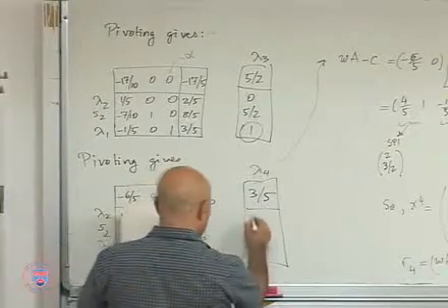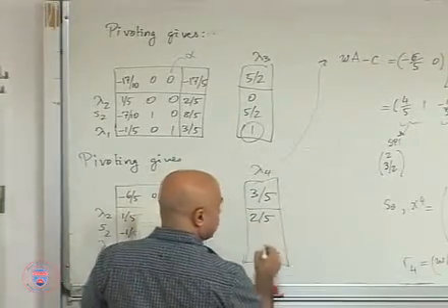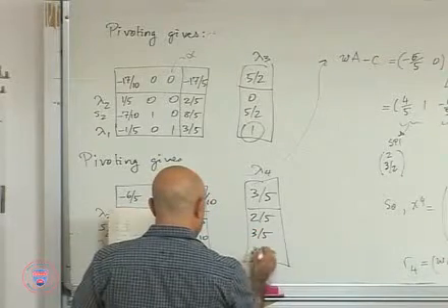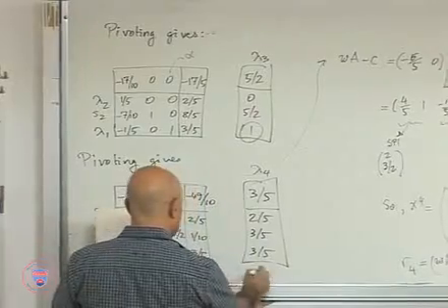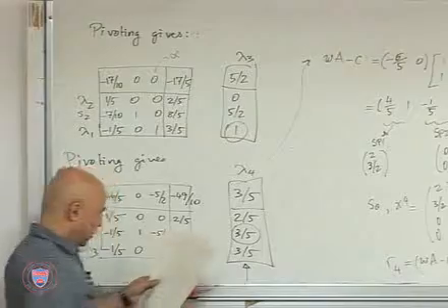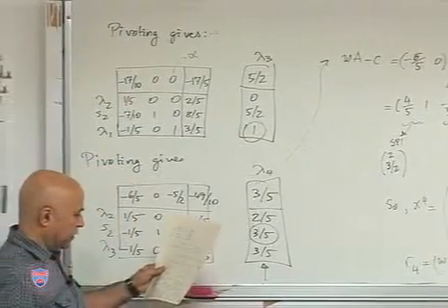Okay. And then we have 2/5, 3/5, and 3/5. You look at the ratios. That is the pivoting element at the end.